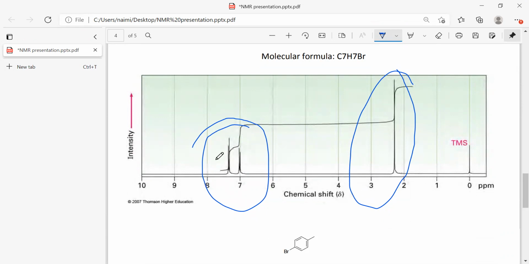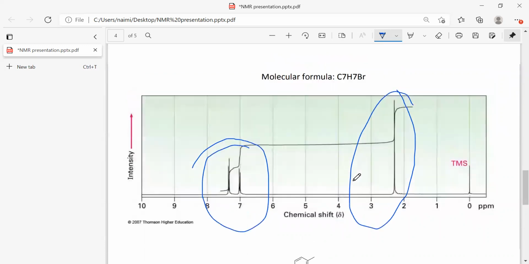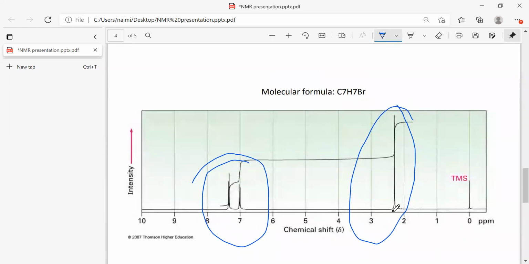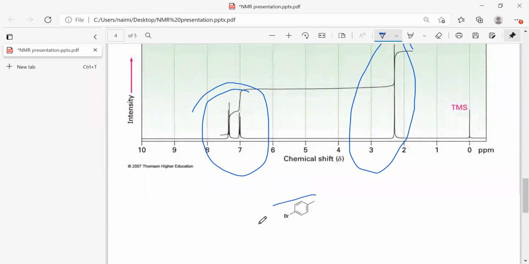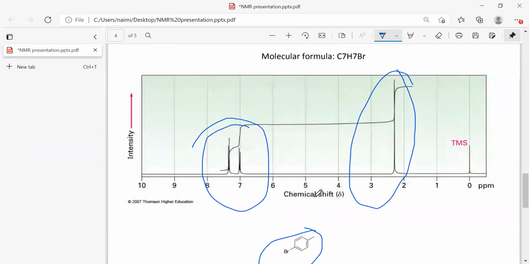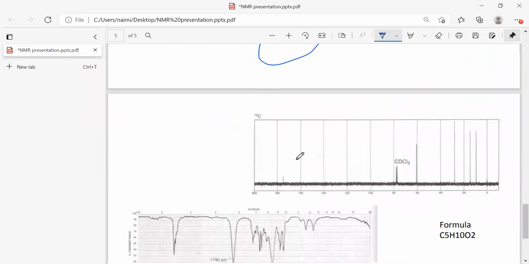This is the CS3 proton, and since the aromatic protons are in one region, this is the aliphatic, shielded region, and this proton is attached directly to the CsP2 carbon. So you can easily identify this simple organic compound.